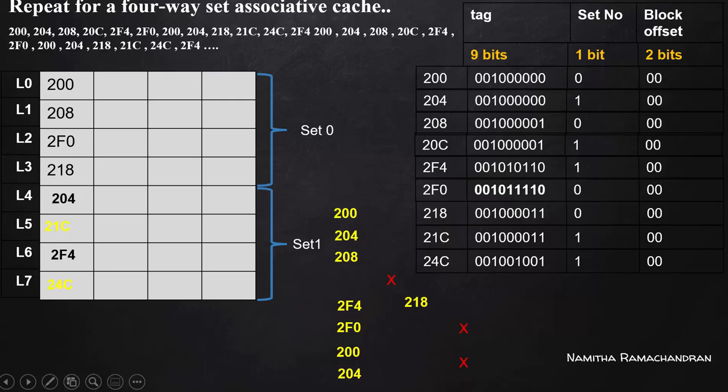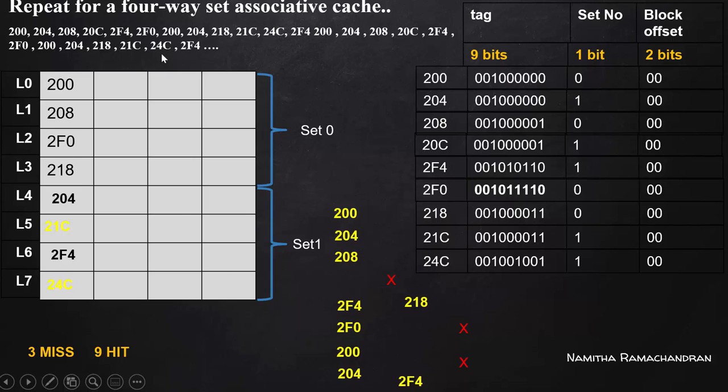So after that, 2F4 is available. So this is a cache hit. So at the end of second pass, how many hits and how many misses in second pass? 3 misses and 9 hits. 3 misses, 12 minus 3, 9 hits.